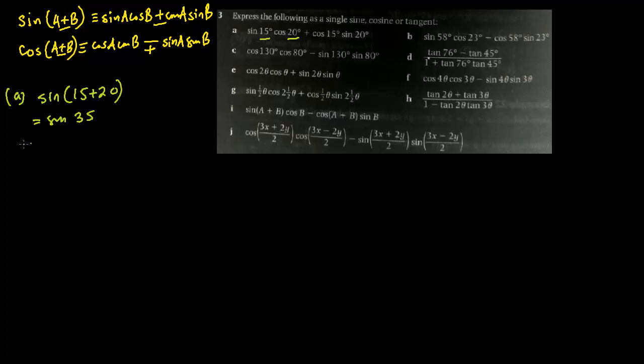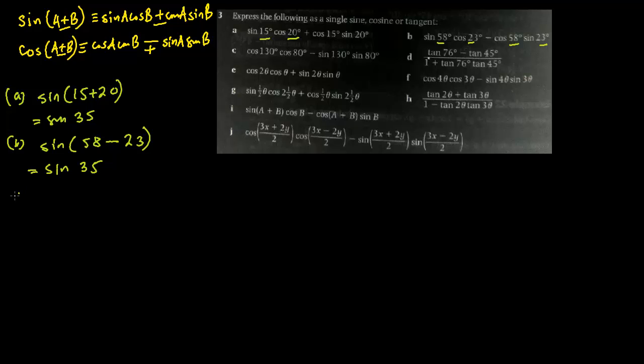The next one, question number B, we have sine cos minus, this time cos sine. So it is going to be sine A minus B, which is 58 minus 23. So this is going to be sine 35.